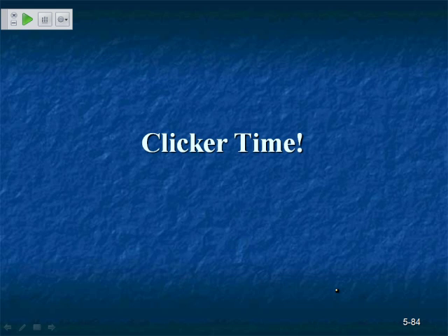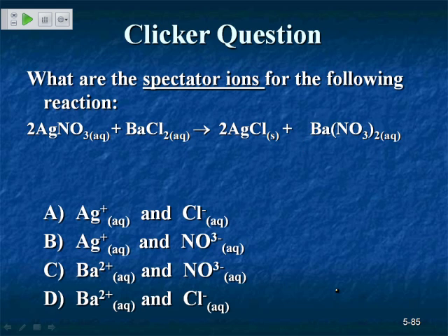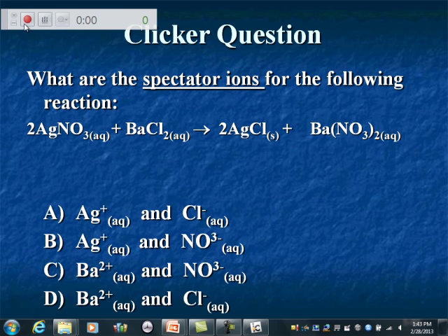One clicker question. You guys know that by now, right? When do the questions show up? What are the spectator ions for the reaction? So please write the ionic equation on the sheet and then identify the spectator ions. All I want is just the spectator ions.